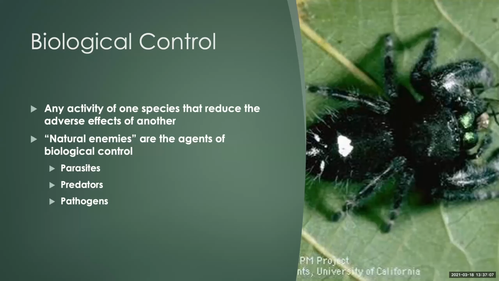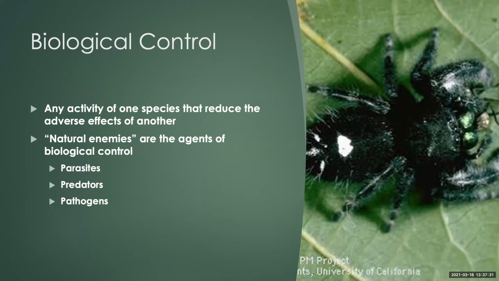Moving into biological control. Biological control is where you have one species that reduces the adverse effects of another. We tend to talk more about insect and arachnid control, but there's biological control in nature where a larger animal eats a smaller animal that might be a pest.